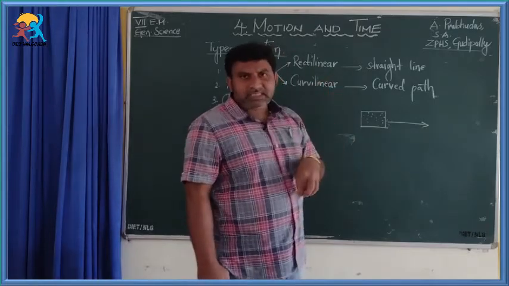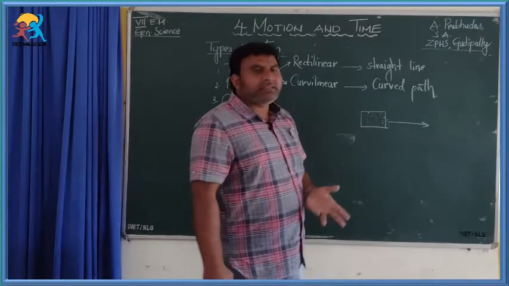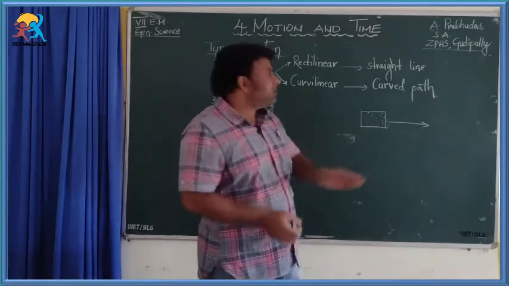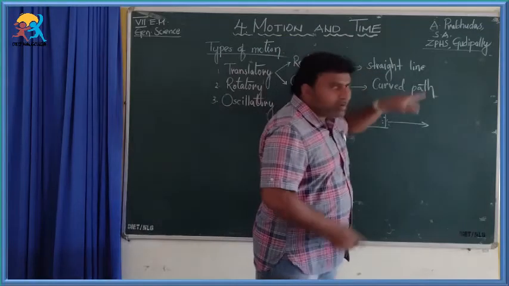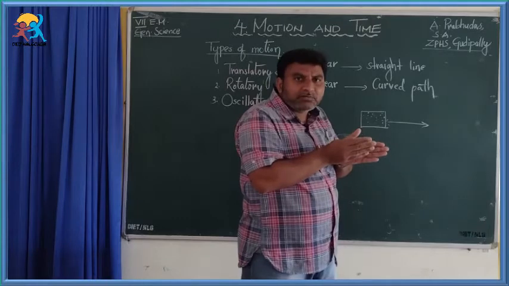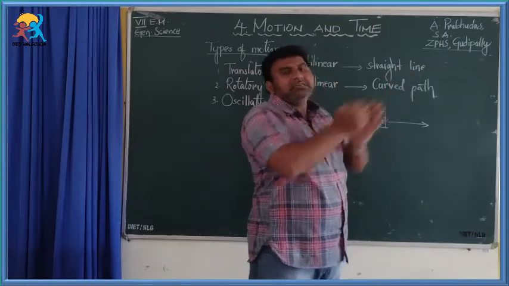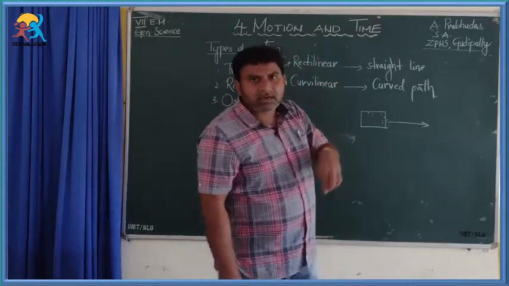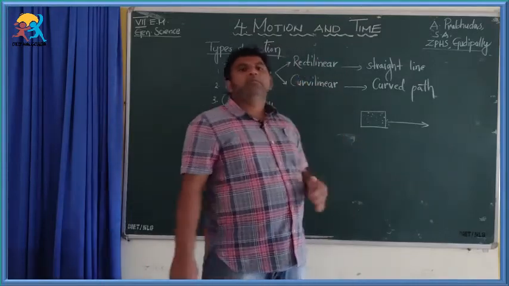Rectilinear motion is a translatory motion in which the moving object moves along a straight line. The direction of the moving object is straight. Such type of translatory motion is called rectilinear motion.